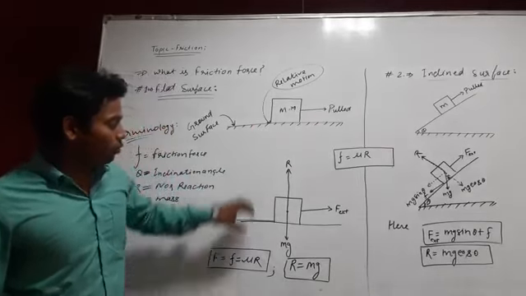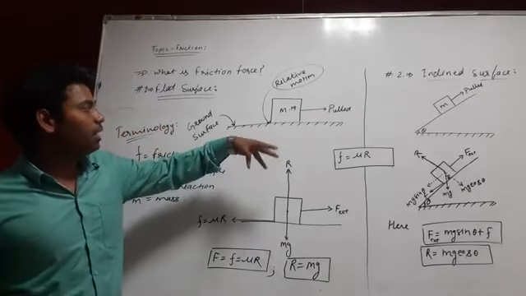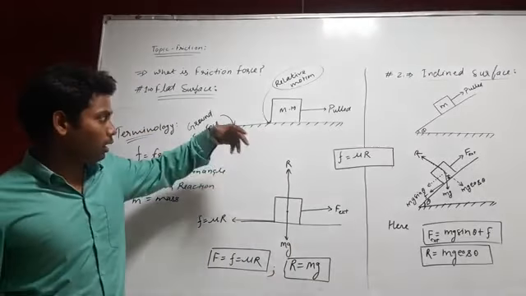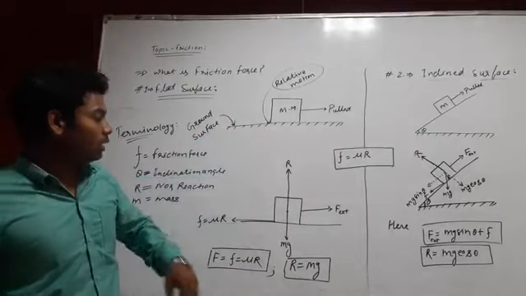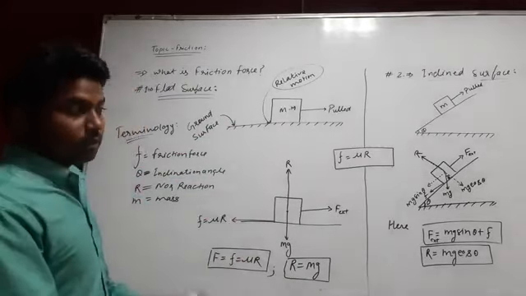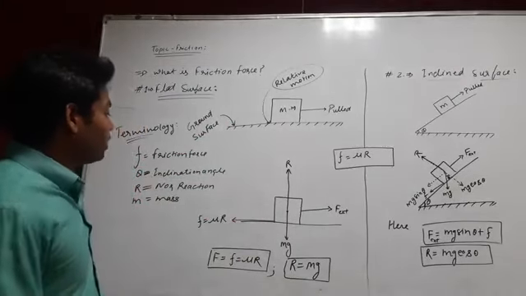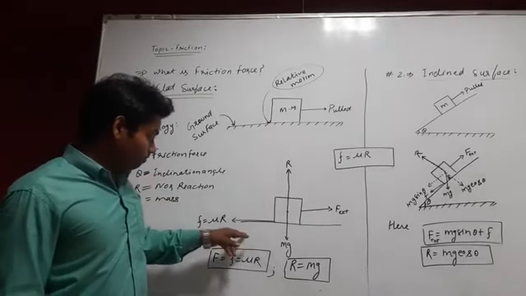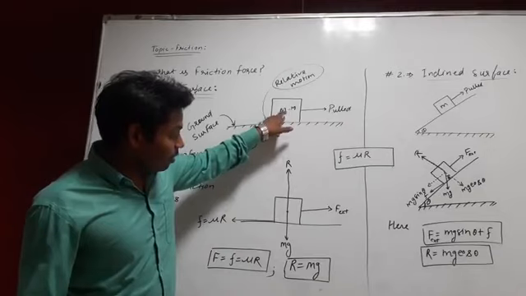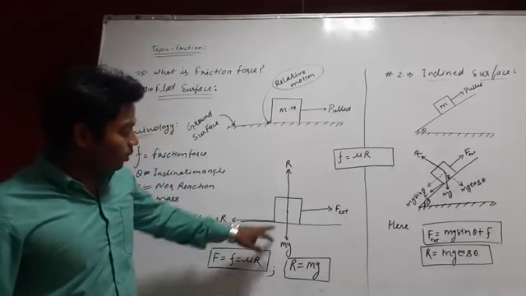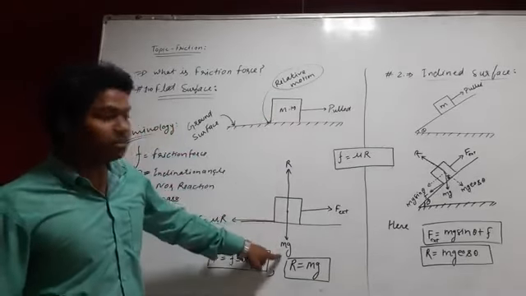You first have to make the FBD of the given problem. So what will be the FBD? We have to show all the external forces acting on the body. As it has mass m, the weight will act in the downward direction, that will be mg.